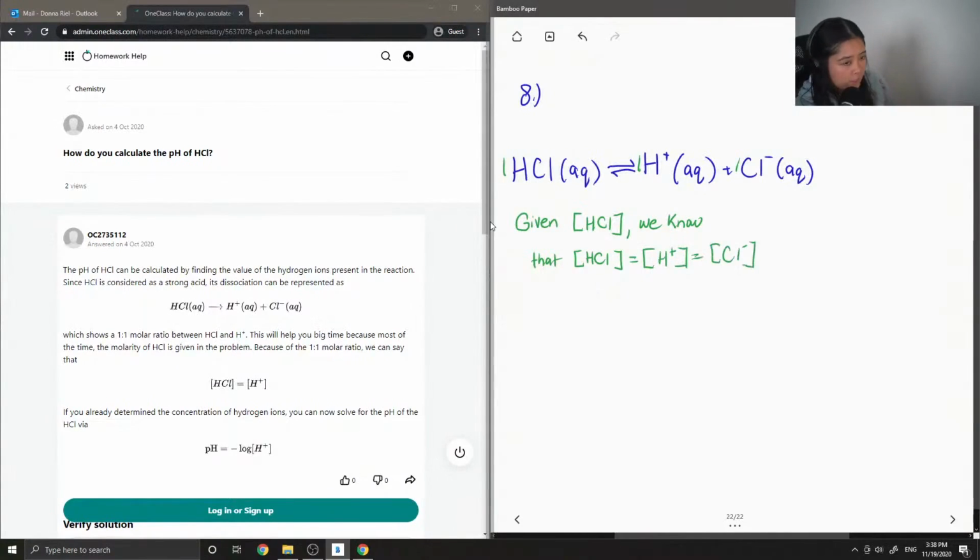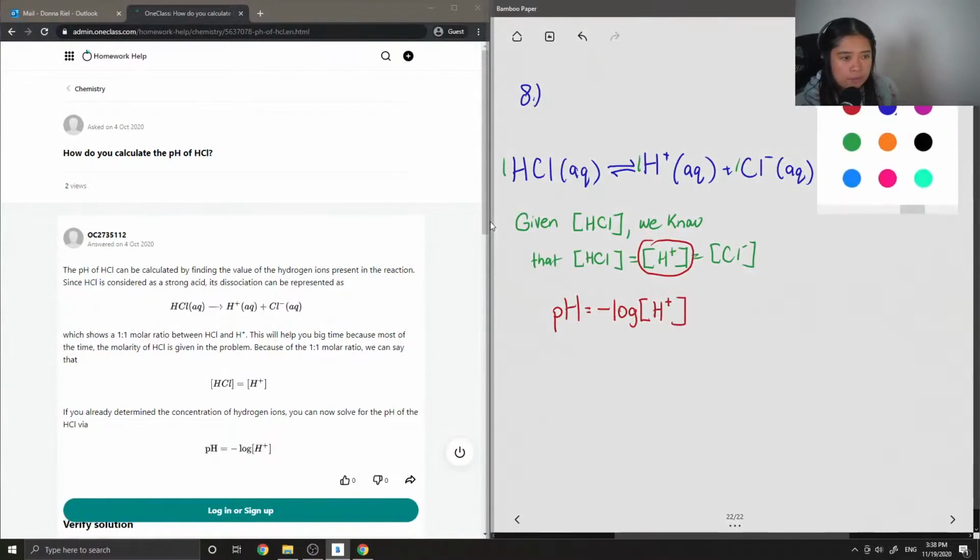So what's important for calculating the pH is knowing the concentration of protons that are dissociated in the solution. This is important because in order to calculate the pH, the equation is negative log of the concentration of our H+.